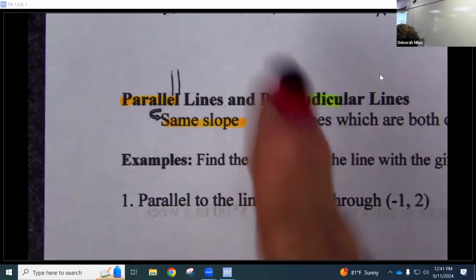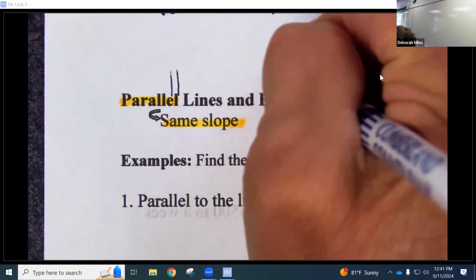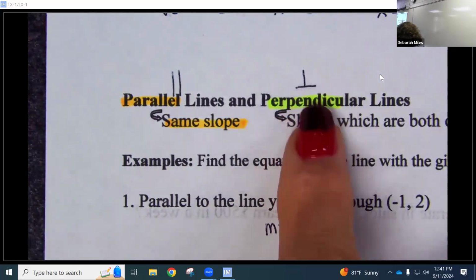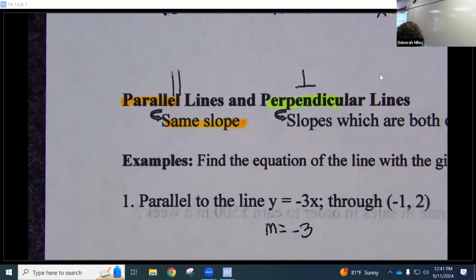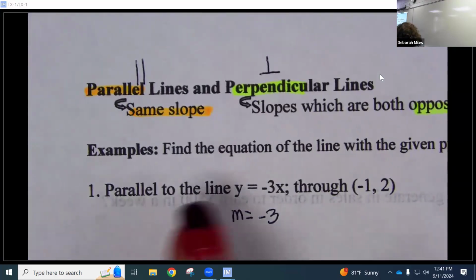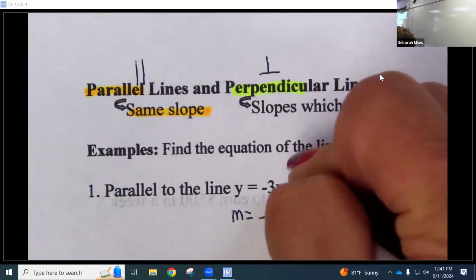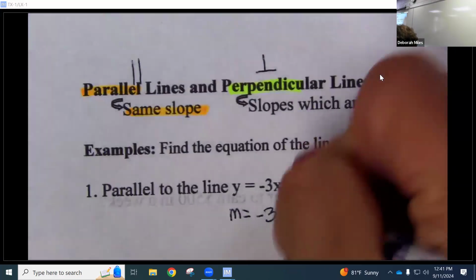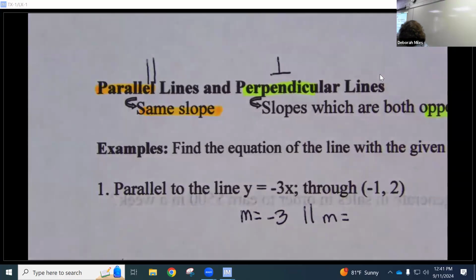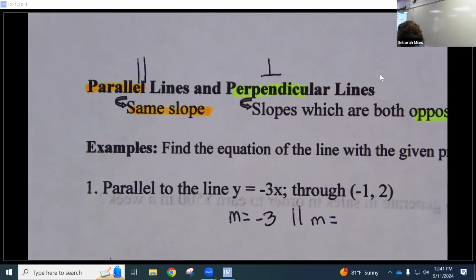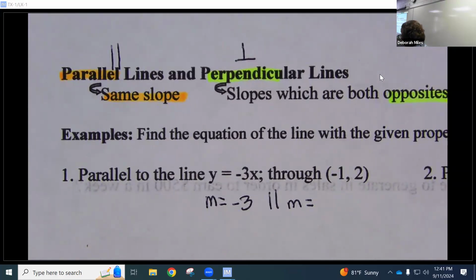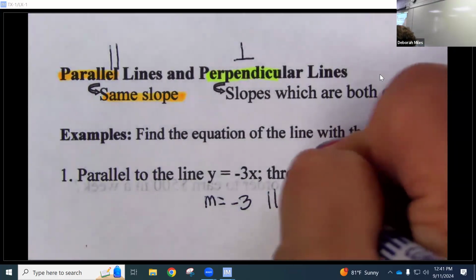And the symbol for perpendicular looks like that. So I'm going to say a line with slope of -3 is parallel to a line with what slope? Same thing, -3.